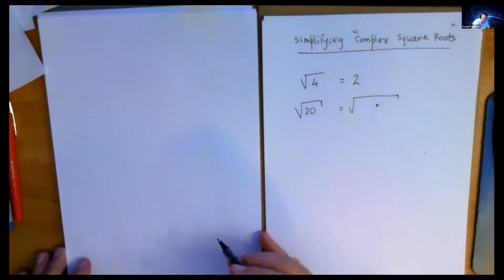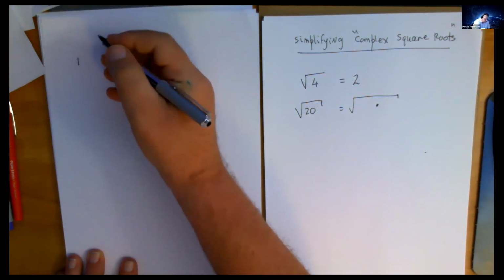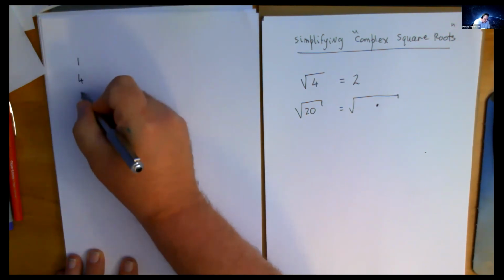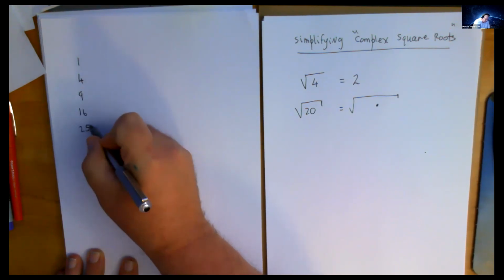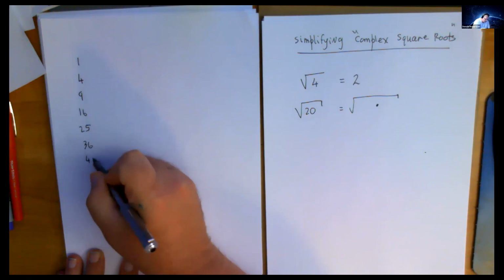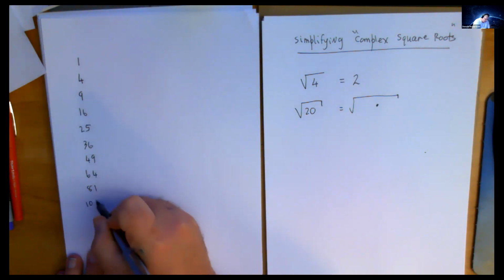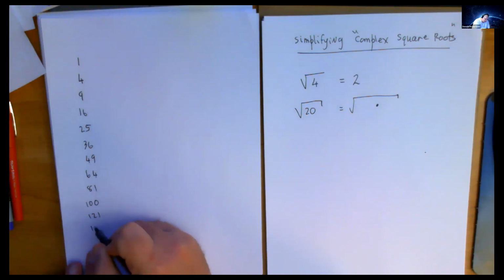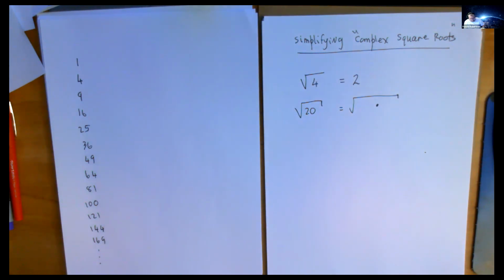Now, I'll write over here the perfect squares. 1, which is there only because I want the first number. 1, 9, 16, 25, 36, 49, 64, 81, 100, 121, 144, 169. I'll stop there, but obviously you could go further, but hopefully we don't need to.